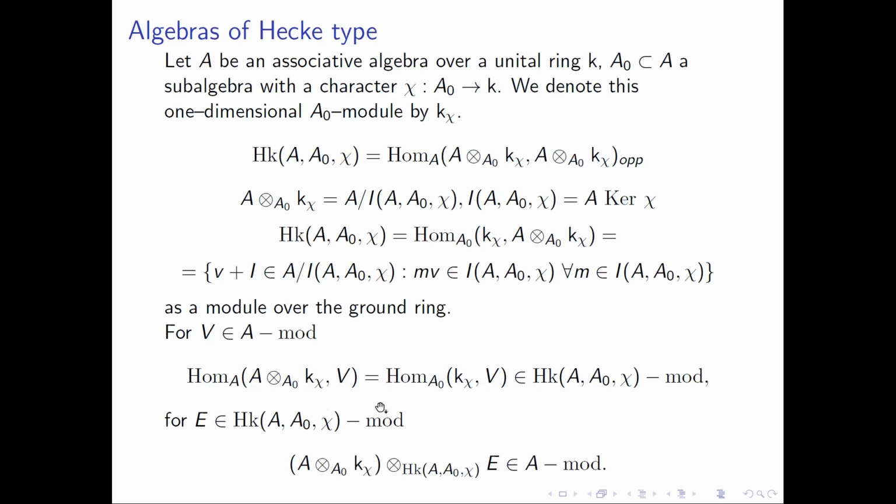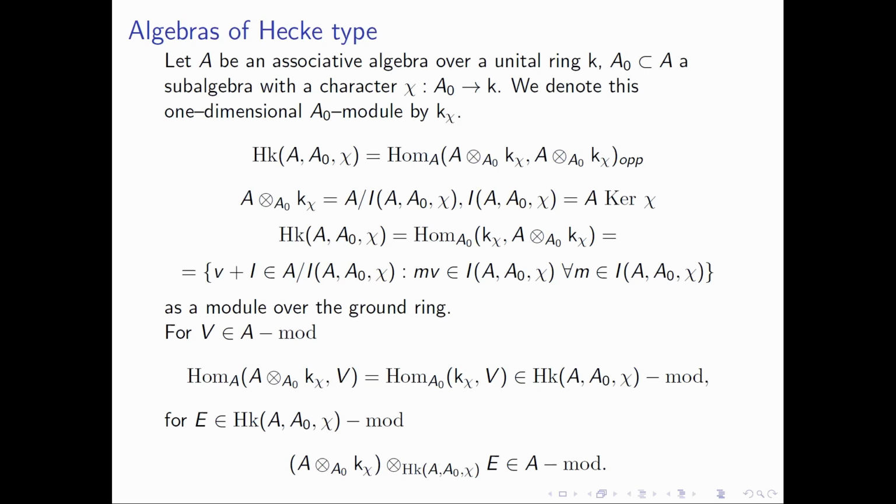So we obtain an action. On the other hand, if we are given a representation of this algebra HK of A0 and chi, then we can induce a representation of the algebra A from it this way. So there are two functors acting between categories of representations of A and of the algebra HK of A0 and chi.